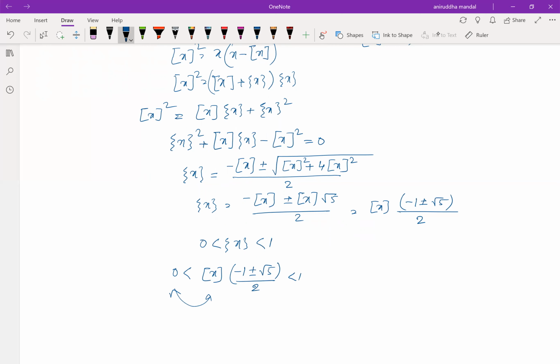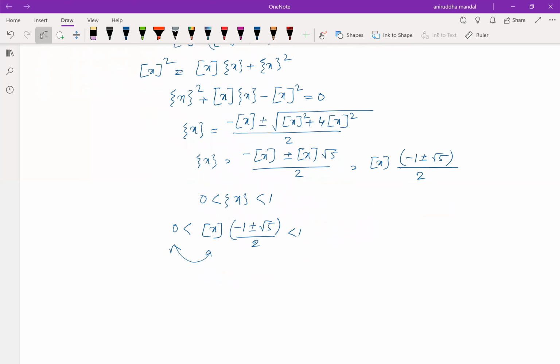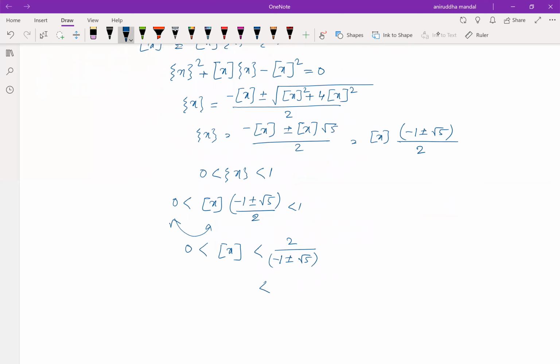Obviously this value is always greater than 0, so neglecting the negative value, we just take the positive value.